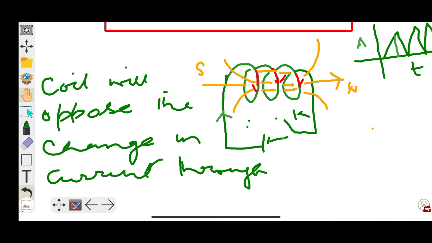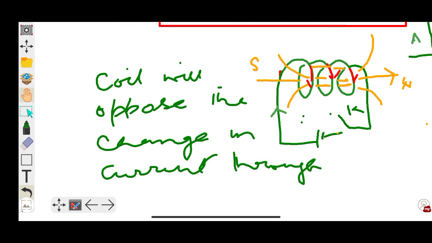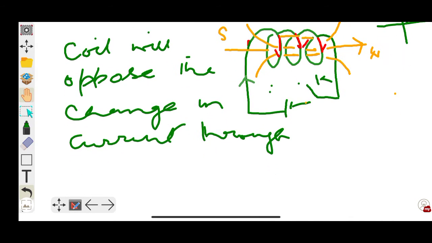And in this coil, because you know that current is moving, the direction of current is in this way. As per our grip rule, the curl of the fingers is representing the current. So therefore the magnetic field has to be in this way. So this is the magnetic field here.